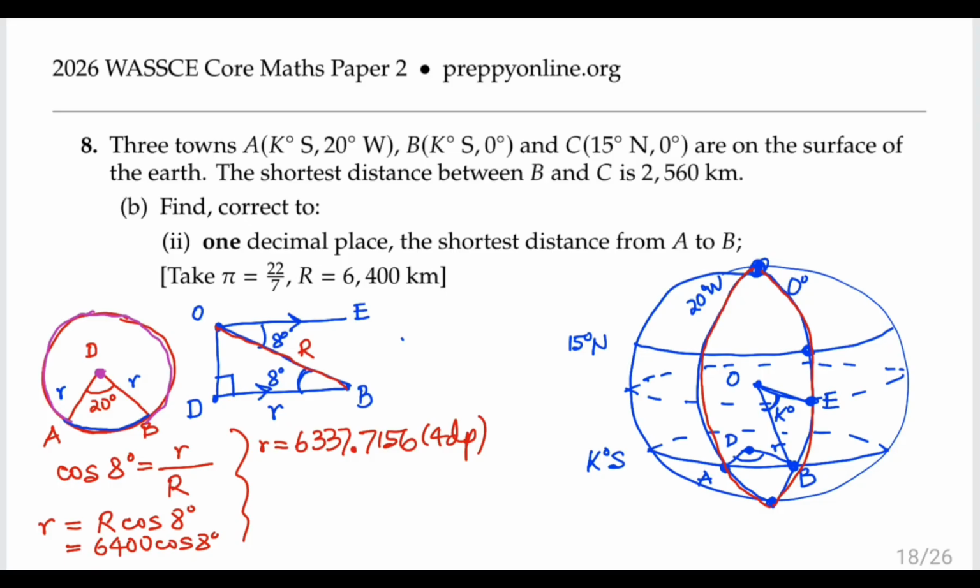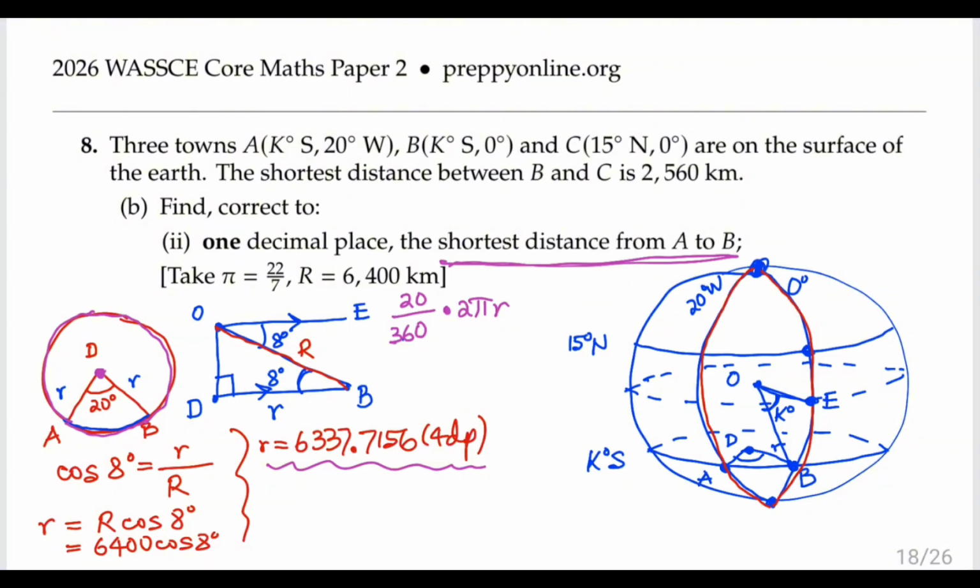All right, so we know that the shortest distance from A to B is an arc on that circle. And what is the length of that arc? Because the arc subtends an angle of 20 degrees at the center, the length is 20 over 360 times 2 pi r. Now this r is the radius of the latitude, which we just calculated.